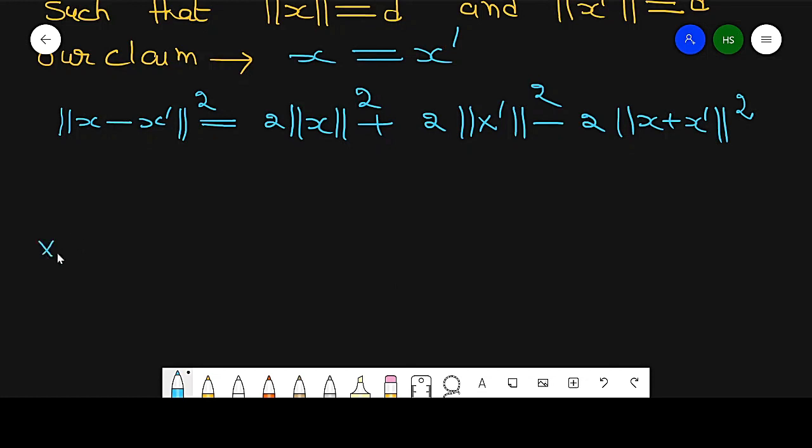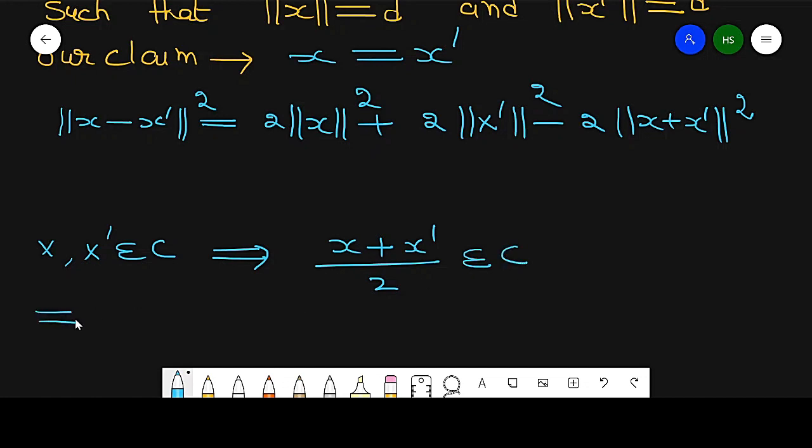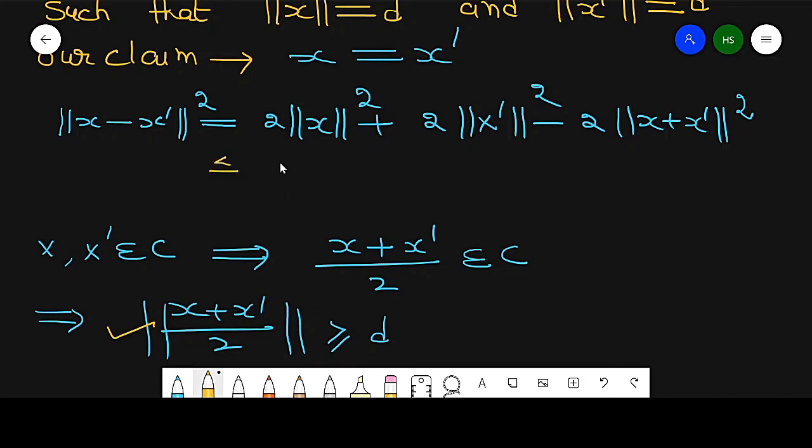Since C is a convex set and x and x dash belong to C, (x plus x dash) over 2 belongs to C. By the definition of D, the norm of (x plus x dash) over 2 is greater than or equal to D. Using this, the expression is less than or equal to 2D square plus 2D square minus 4D square, which is equal to 0.